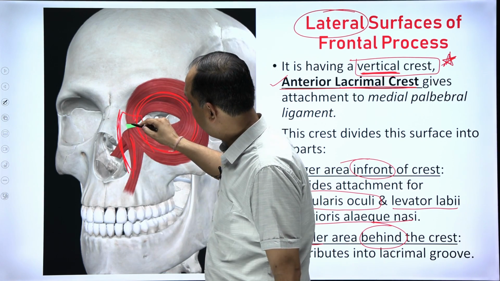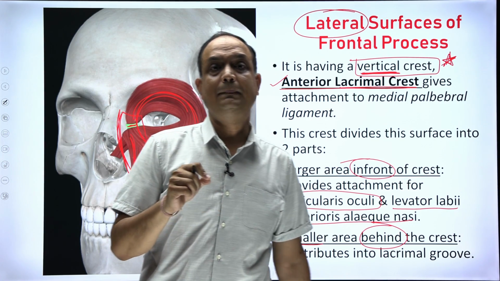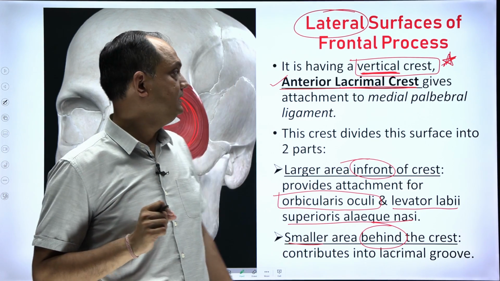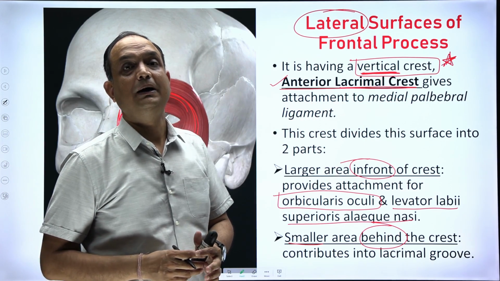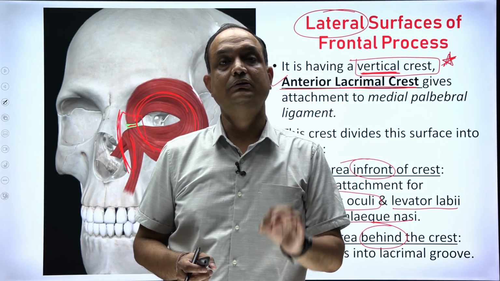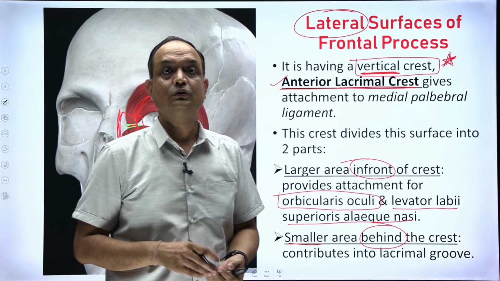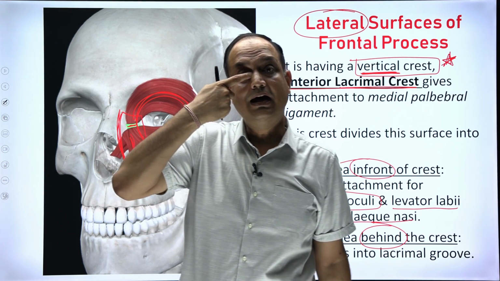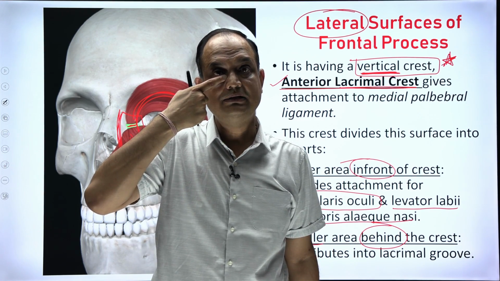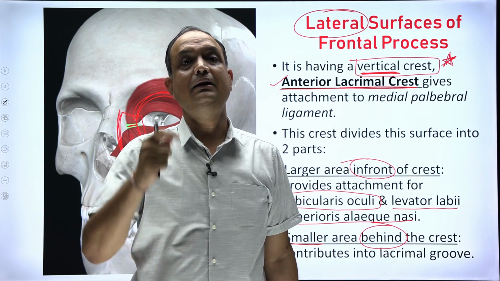Now here you are able to see this green important structure known as the medial palpebral ligament. This medial palpebral ligament is attached on the crest. What is the name of the crest? Lacrimal crest.